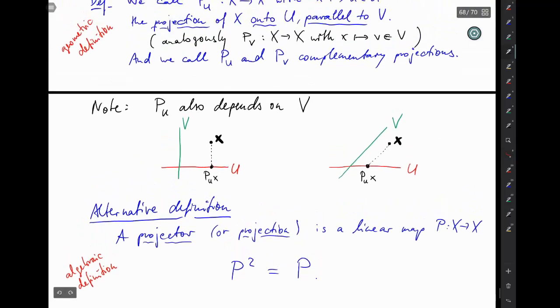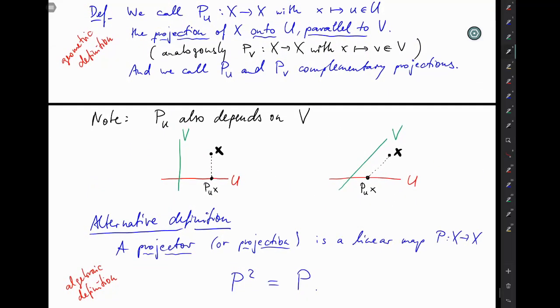And I think it's easy to see that the projections that we defined in the geometric definition are subject to that equality P squared equals P from the algebraic definition. Because if you take your point X and you project it down to its U component, then you've applied the projection once, and if you apply it again, so you take that little u and try to split that again into a little u and a little v, then you will say, okay, it's already u, there is no v, so the result is again u.